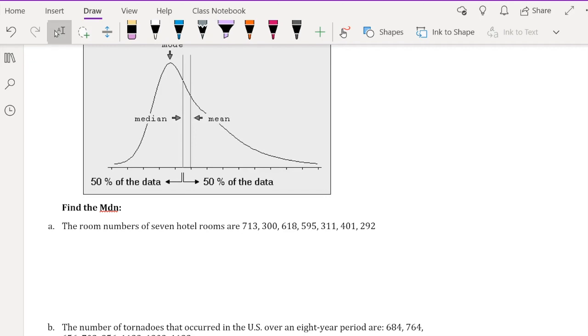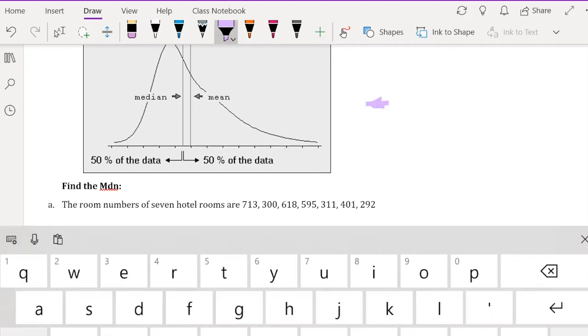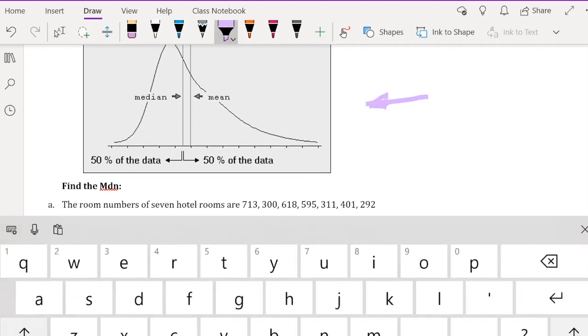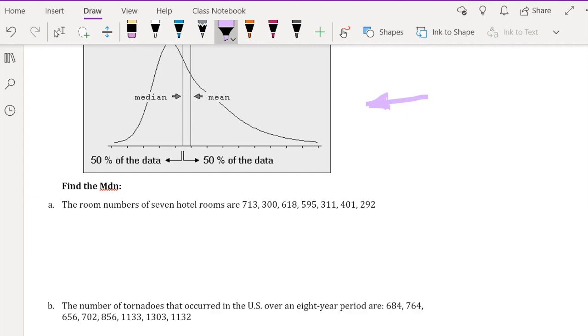So here I have a data set, and I have another graph here that says the same thing that I've been saying throughout this whole thing. The room numbers for 7 hotel rooms are those. So first ask yourselves, is this data in order? No, it's not. So the first step would be to order the data.